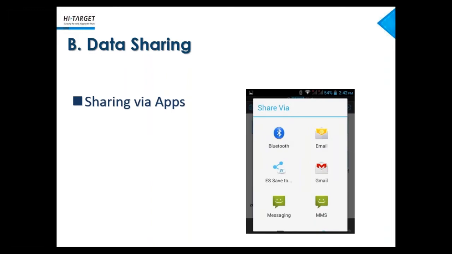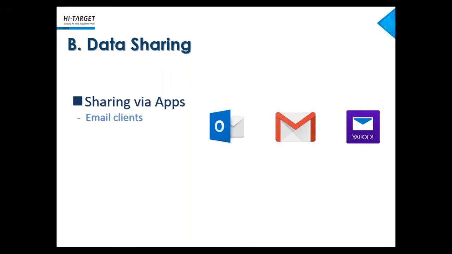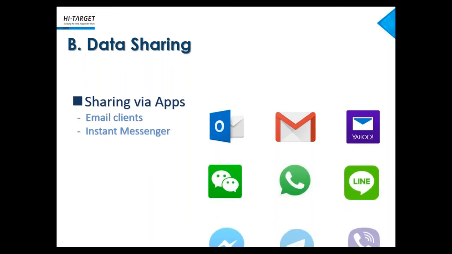Then we can share via different apps. We can share via email clients like Outlook, Gmail, or Yahoo, or something else. Or you can share by instant messenger, because different users have different messengers. It's highly user-friendly and user-defined.